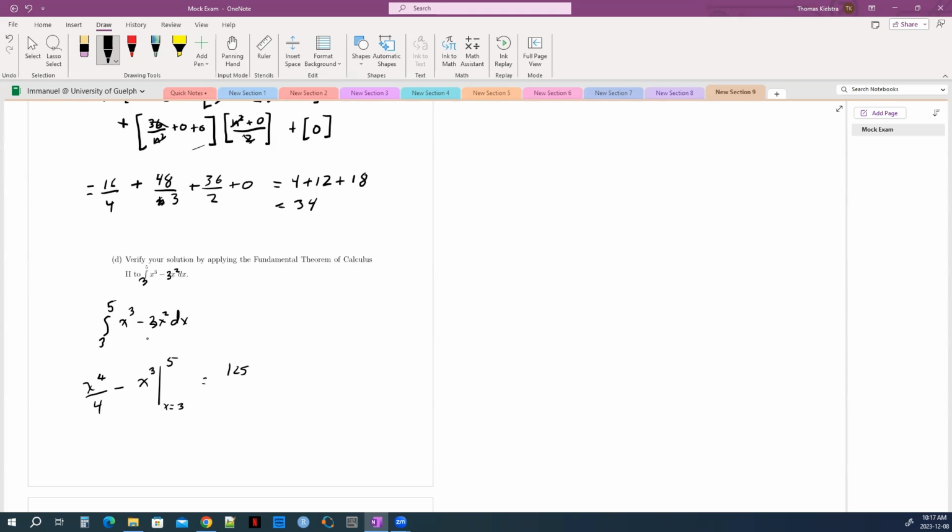Which gives us 625 over 4 minus 125, subtracted 81 over 4 minus 27.